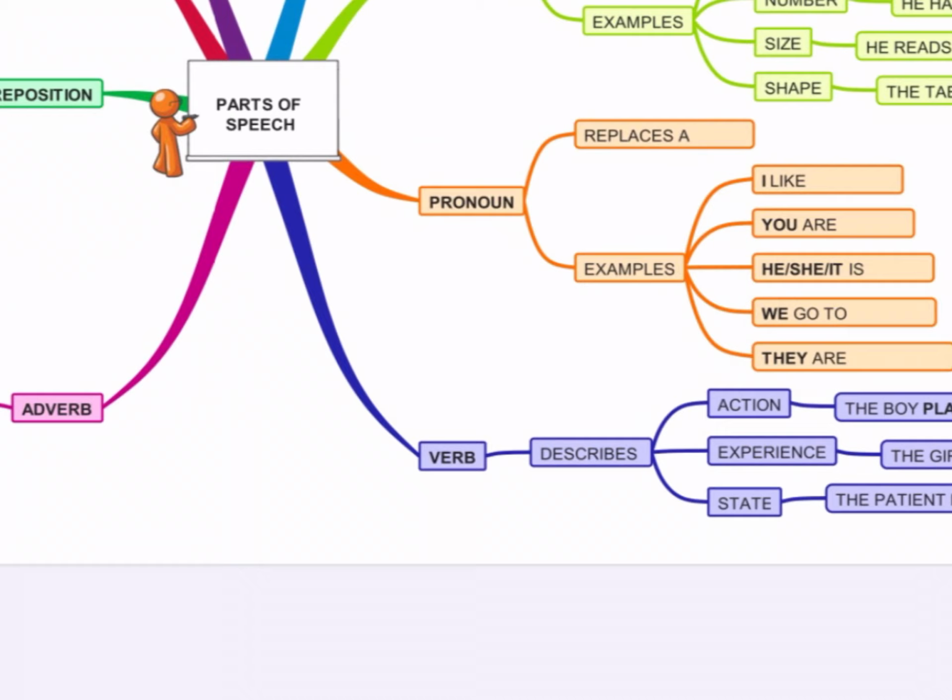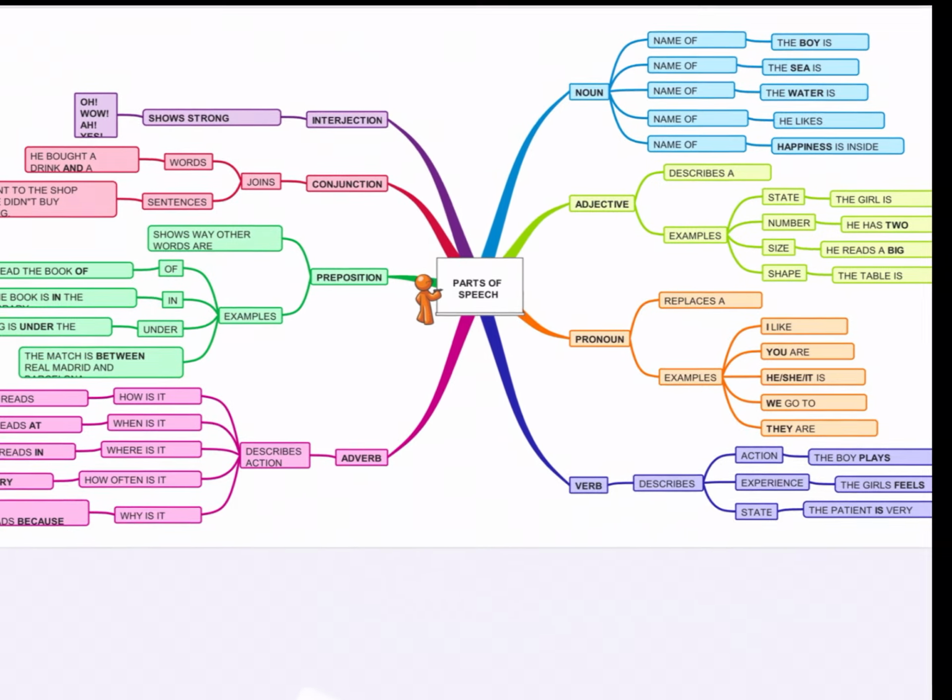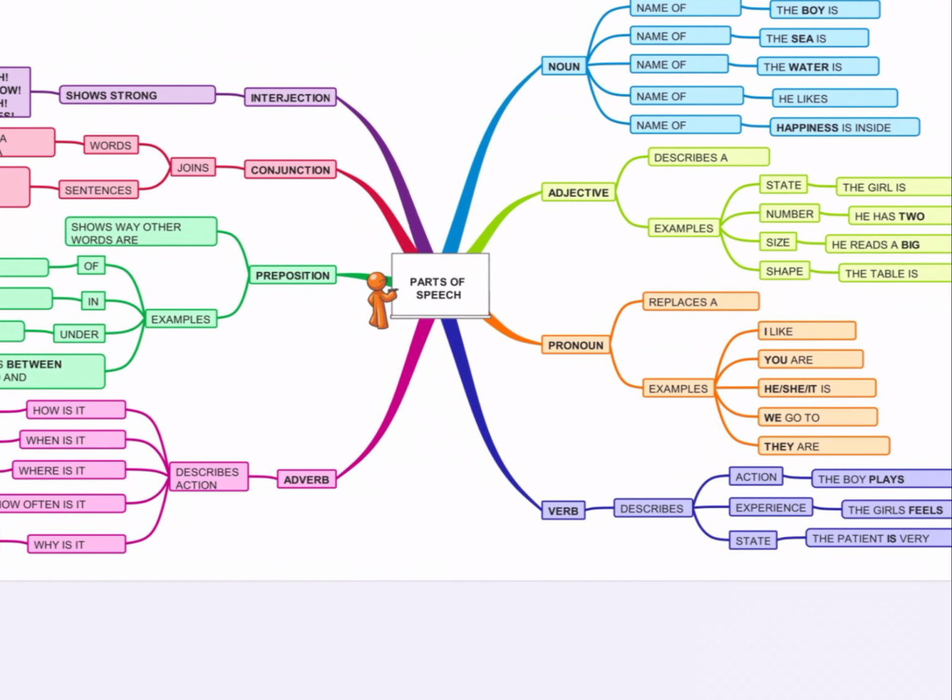And that is for 2 reasons. Reason number 1, every sentence in English must have a verb. And reason number 2, only verbs have tenses.